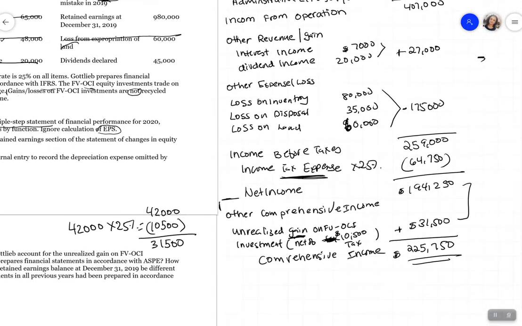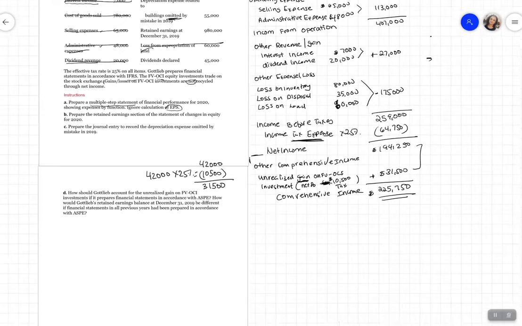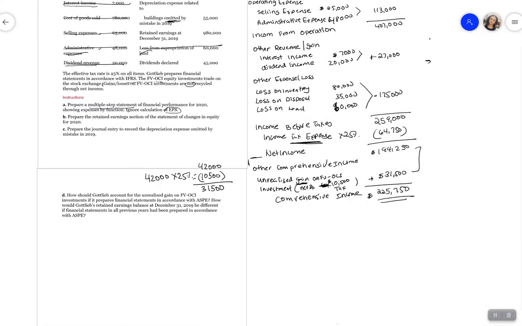So the next one is my retained earnings. Again, you're going to have the name of the company, and then what are we preparing? We are preparing the statement of changes in equity, and we're doing the retained earnings section of it. So it will be called statement of changes in equity.